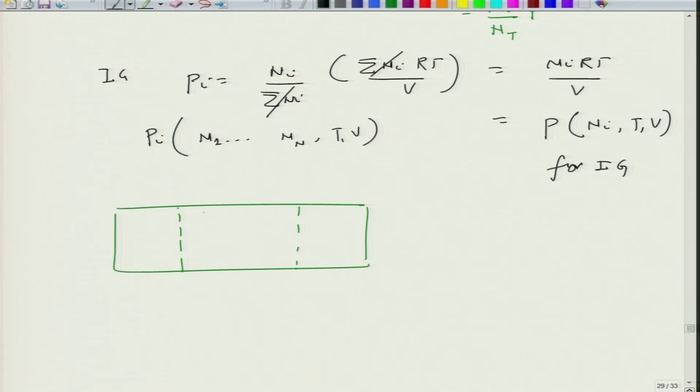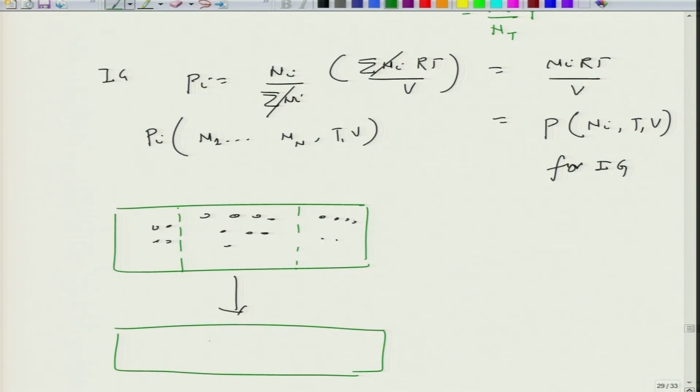So, you have of course molecules here, here and here. Upon the removal of the partition, you expect a mixing of these particles.